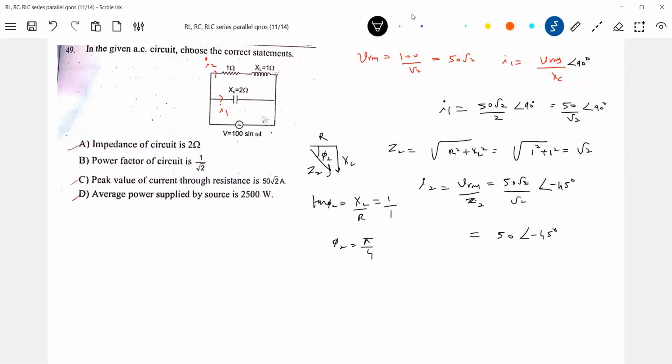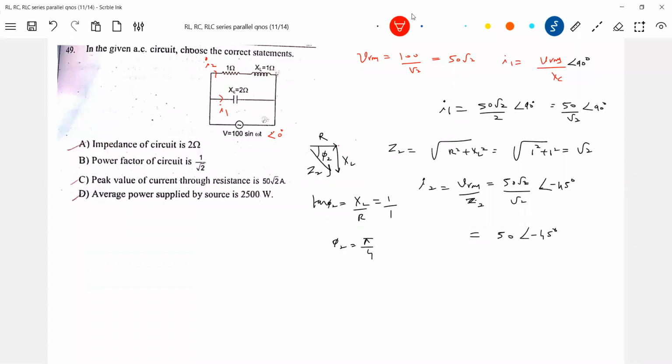For your convenience, I'm writing it. So this I2, I'm assuming that the phase angle will be pi by 4 and the current across that will lag by 45 degrees.